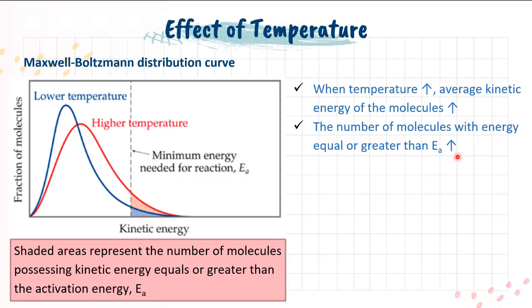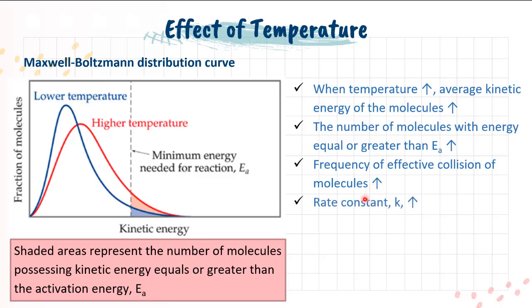The second point here refers to the shaded area on the graph. So high temperature, high kinetic energy, so more molecules with enough energy. So the frequency of effective collisions increases, the rate constant increases, and the reaction rate increases.